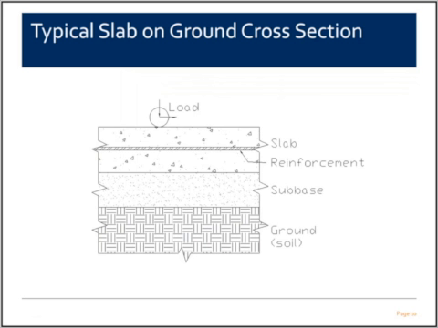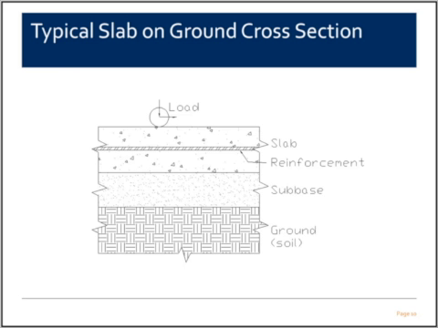Here's a typical slab on ground cross section. This figure is from ACI 360. What we have here is basically a material supporting the concrete slab, which may or may not be reinforced as shown. There is the subbase typically between the ground and the slab itself. You may see a base and a subbase layer with different compositions.